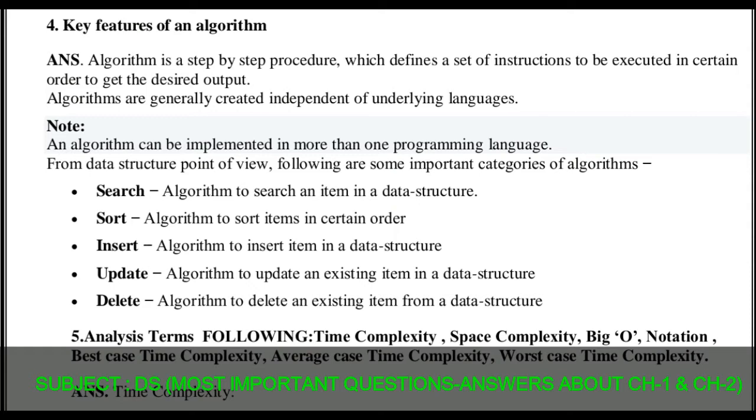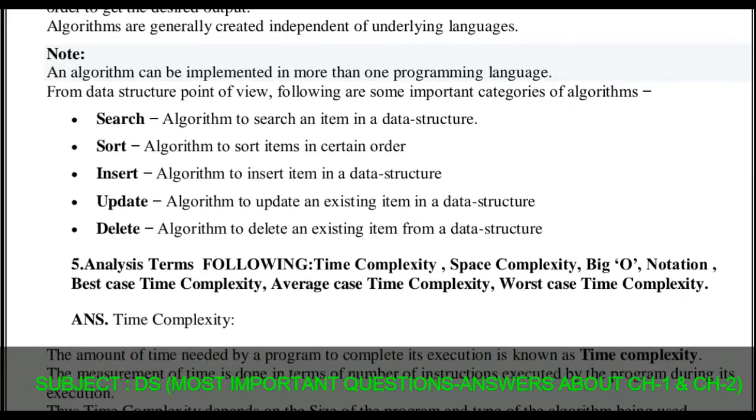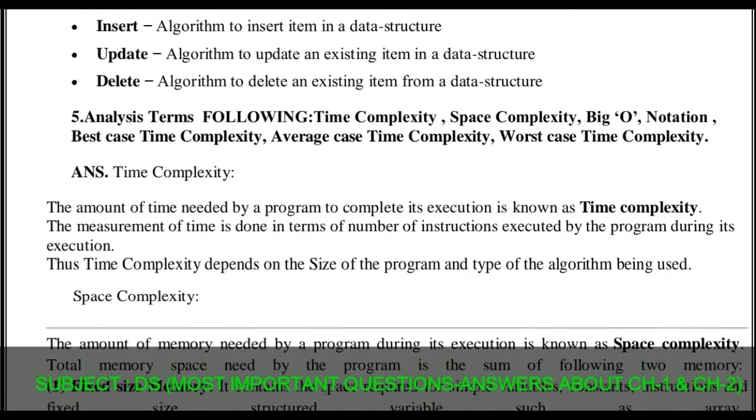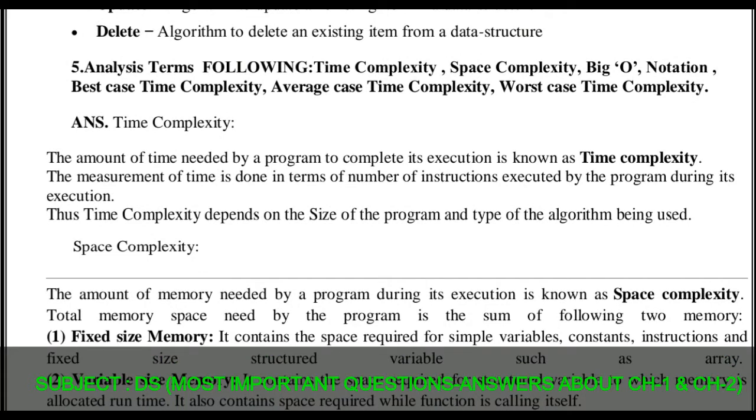Chapter number 1 and question number 5 is analyze the following terms: time complexity, space complexity, big O notation, best case time complexity, average case time complexity, and worst case time complexity. The time complexity is the time needed for completion of a task.